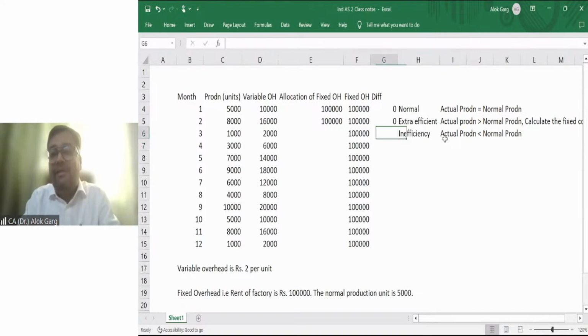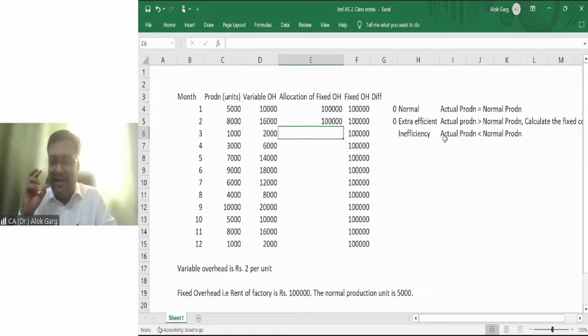Friends, in case of inefficiency, the standard says that you have to charge the fixed cost only on the basis of normal production of output. Per unit of fixed cost is 20 rupees and your output is 1000, so 1000 multiplied by 20.